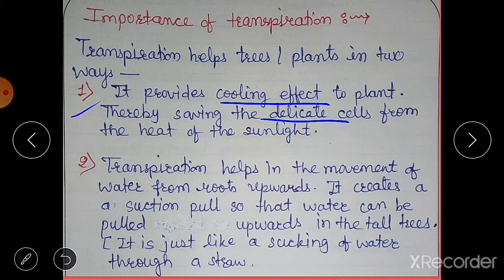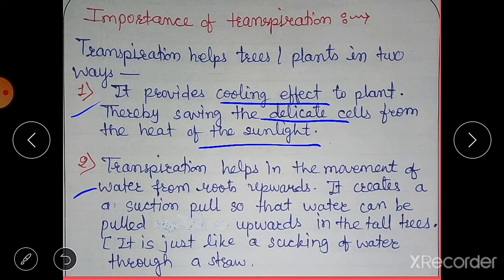If transpiration was not there, then these cells would get damaged due to the sunlight. So transpiration provides a cooling effect to the plant and prevents the delicate cells from getting damaged.